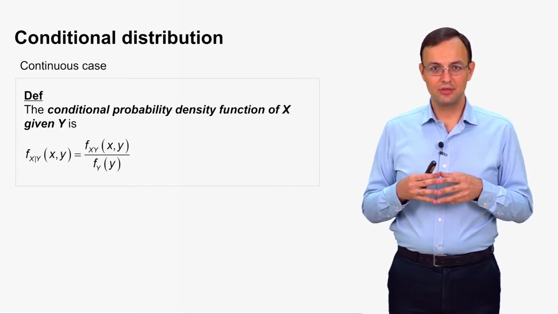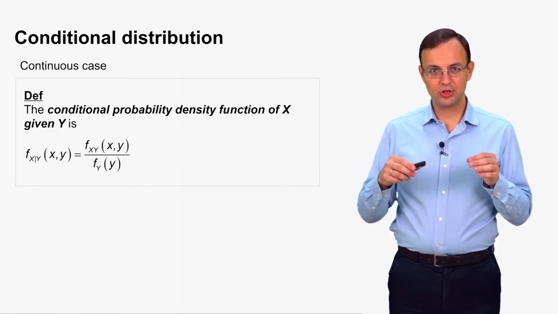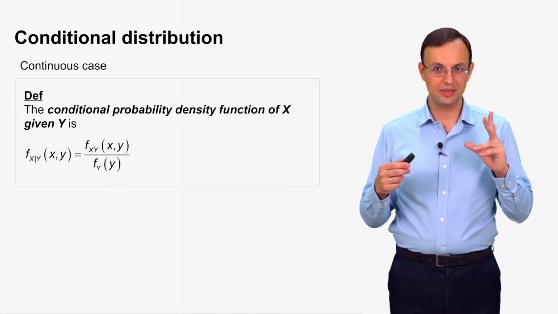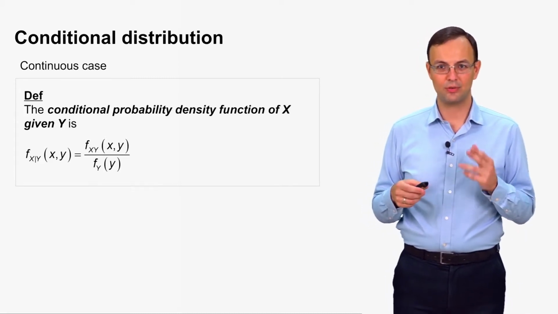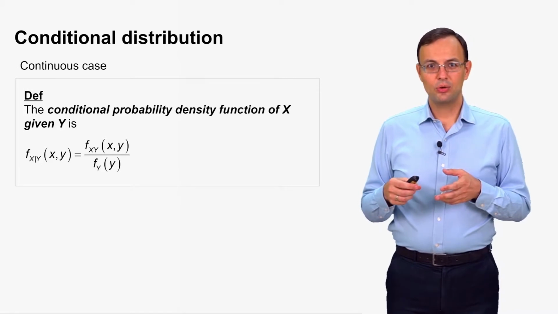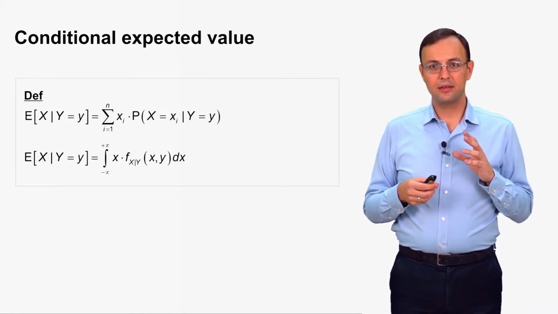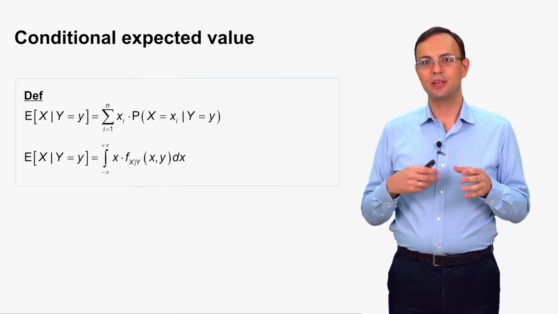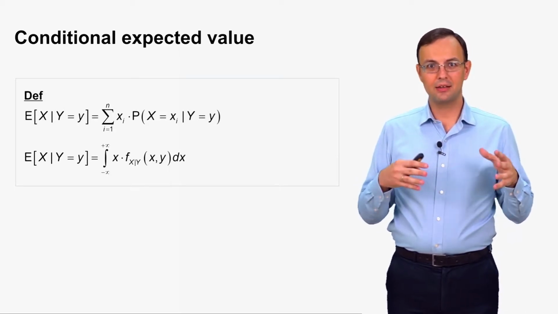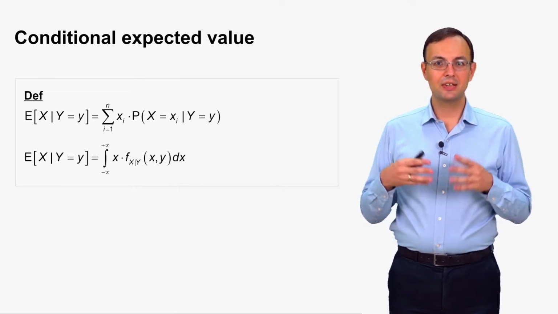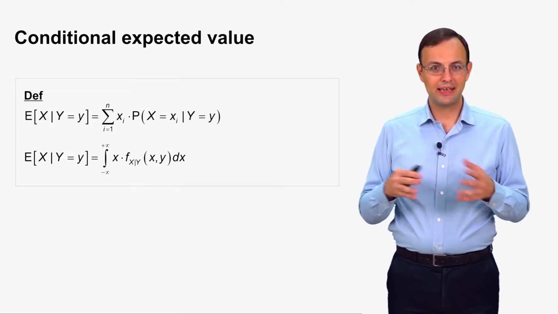So we are to know the joint distribution and the marginal distribution of y to find the conditional distribution of x given y. So one of the main numerical values that we are interested in while dealing with conditional probabilities is the conditional expected value of x given y.